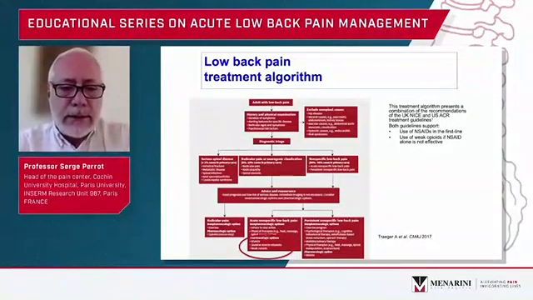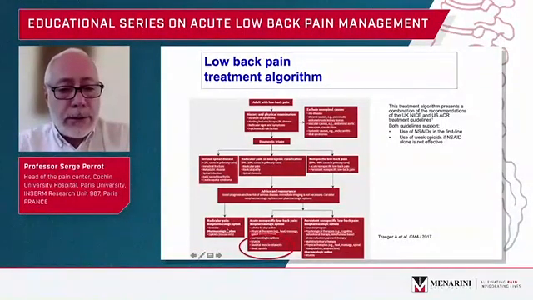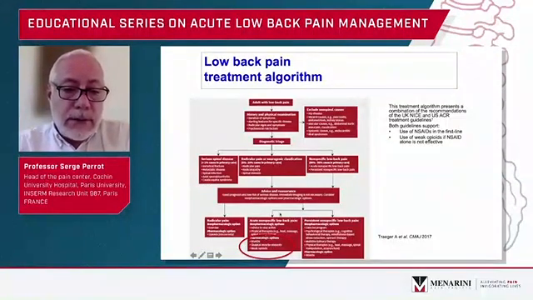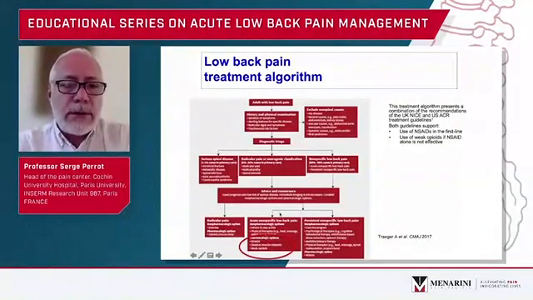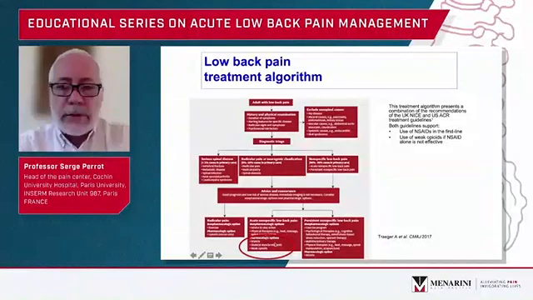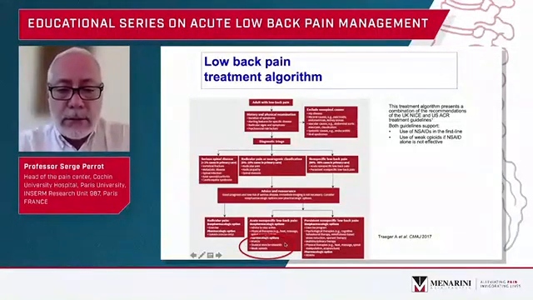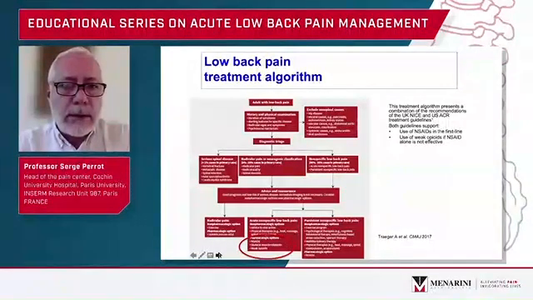But then there's the treatment, with pharmacological and non-pharmacological options. And you can see that the first step of the treatment in this algorithm is using NSAIDs, weak opioids, and, though this is under discussion, muscle relaxants can also be useful in this acute back pain.